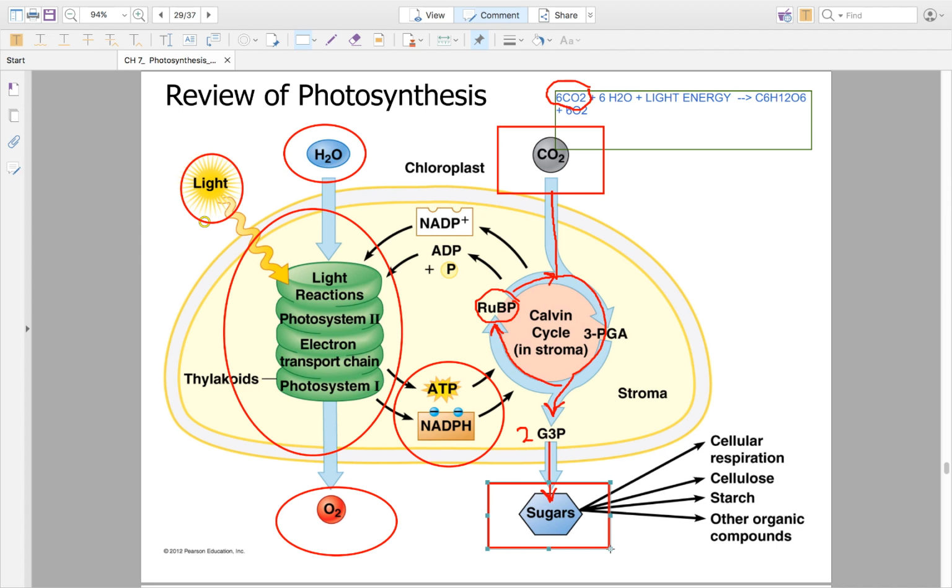All right, so we have identified the reactants and where they have a role. Light and water have their role in the light reactions. CO2 has its role in the Calvin cycle, and then our products, which are glucose and oxygen. Oxygen comes out of the light reactions from the splitting of water, and of course glucose is made by the Calvin cycle, and the Calvin cycle only.